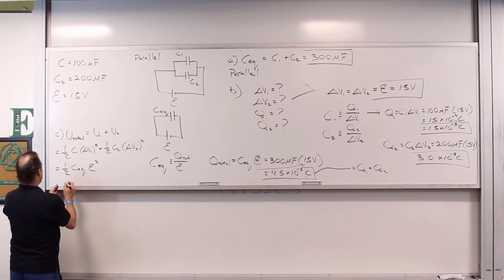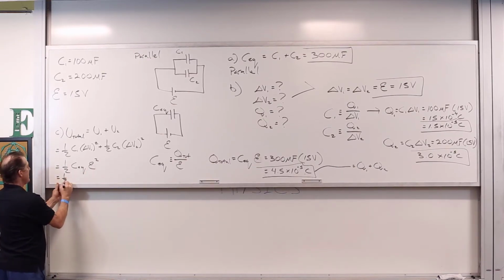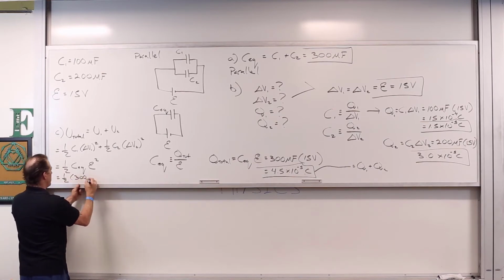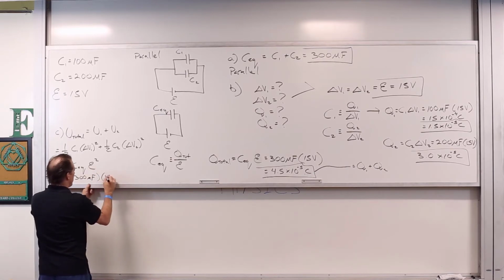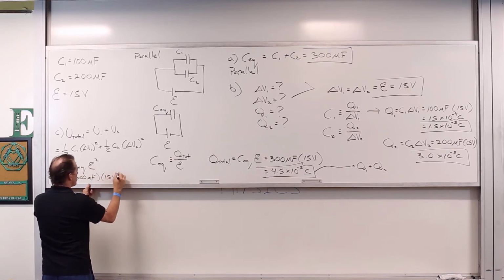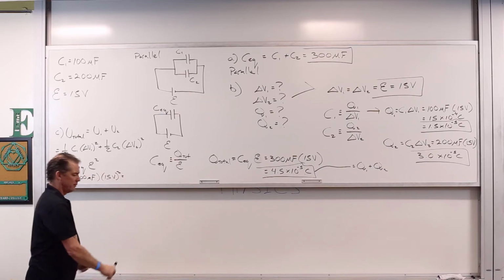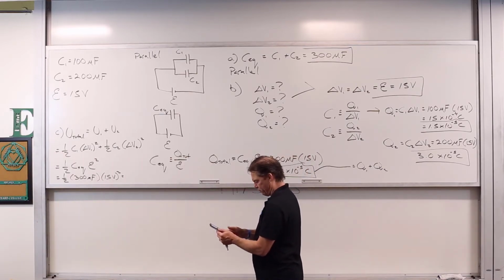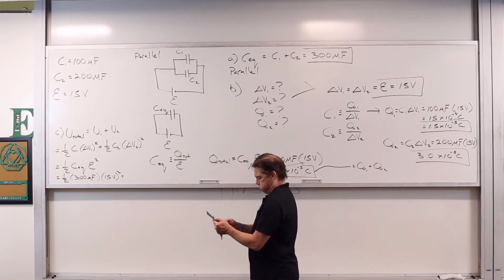So in the end, we've got that this is equal to 1/2 times 300 microfarads, 300 times 10 to the negative 6, multiplied by 15 volts quantity squared. 15 times 15, we got 225, something like that. 150 times 15 squared.